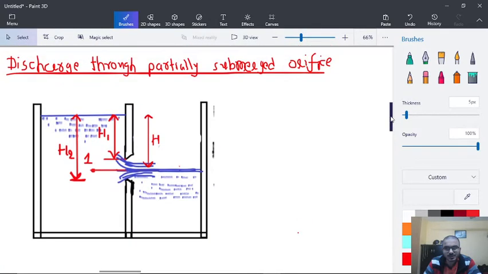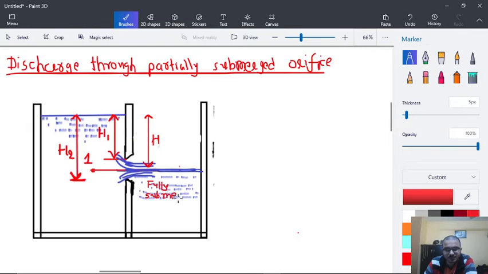So here if you see, there are two portions that we need to focus on. On this side, inside the water, this can be considered as a fully submerged orifice.